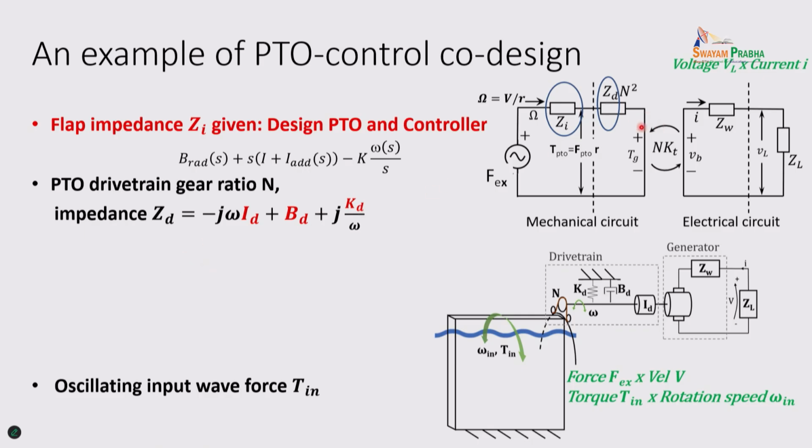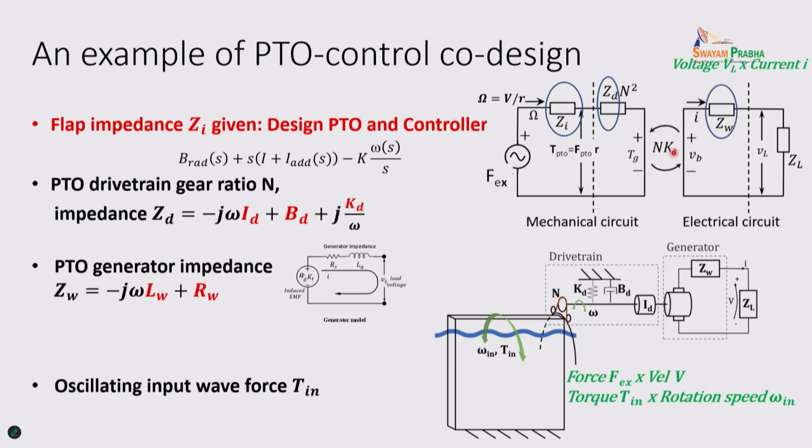And another thing is the generator side, right? You have rotation speed, then you drive the generator to form a voltage. When you have this voltage, you use this generator to power the electric load, and you will have internal resistance and inductance. This is the generator's impedance.